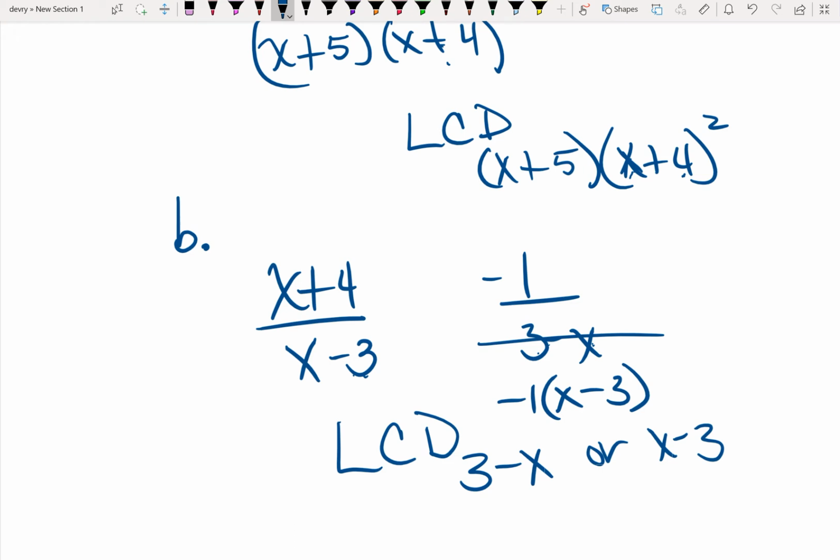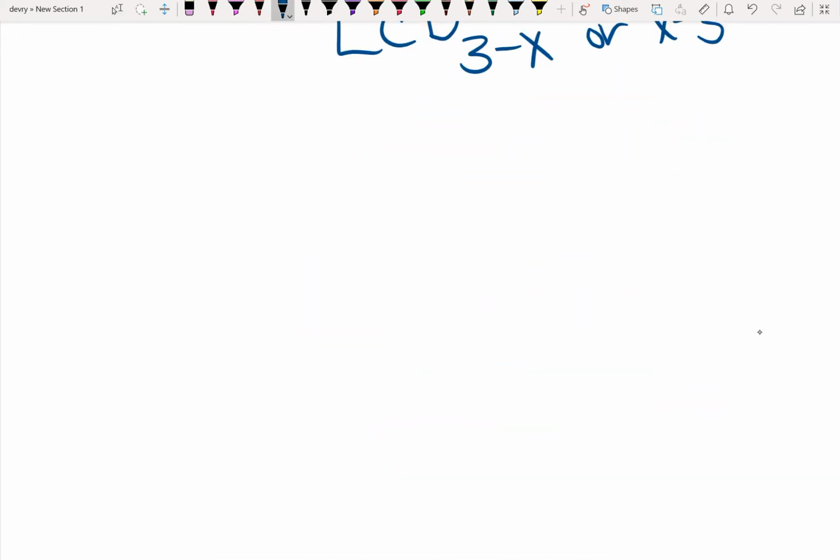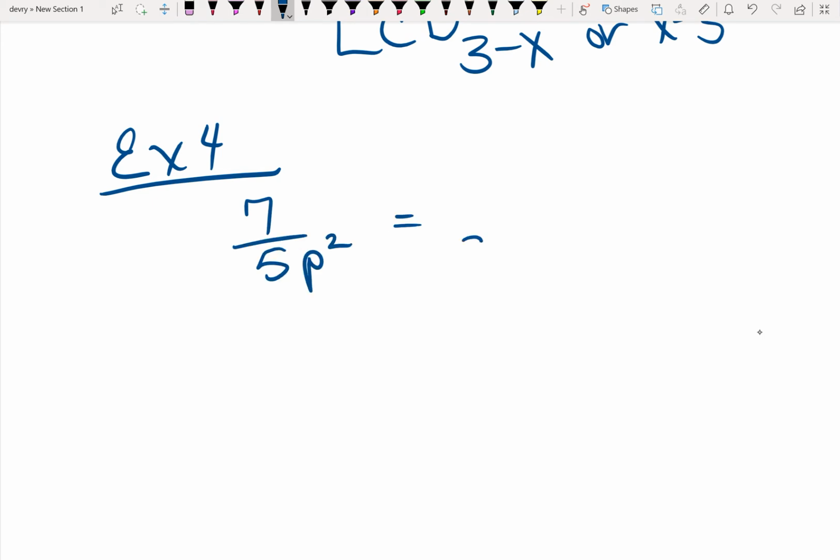Okay, now we look at example 4. In example 4, we have equivalent rational expressions. So in this case, we have the 7 over 5p squared, and we want to make it equivalent to 20p to the 6.